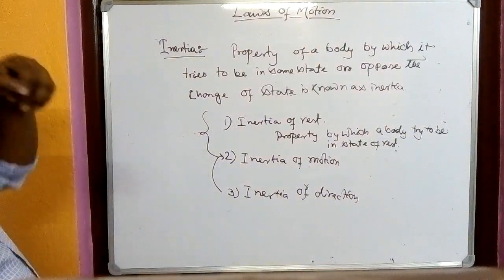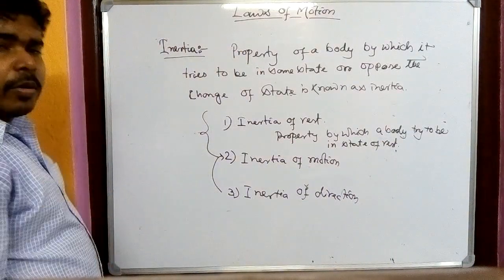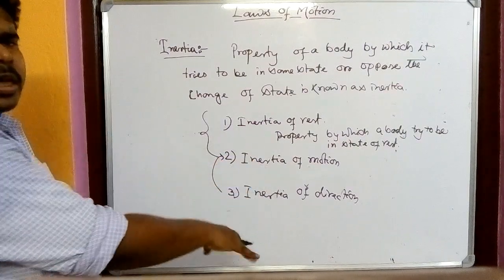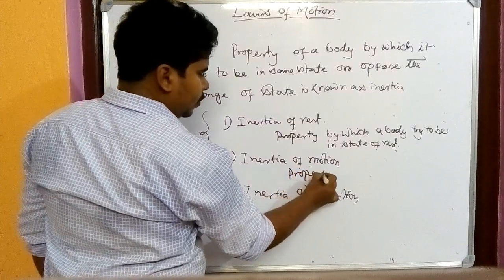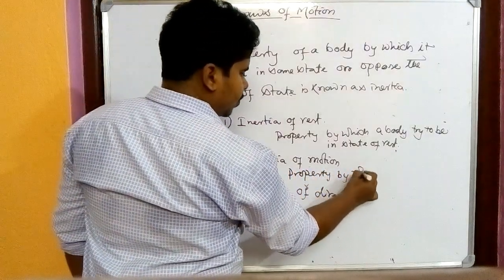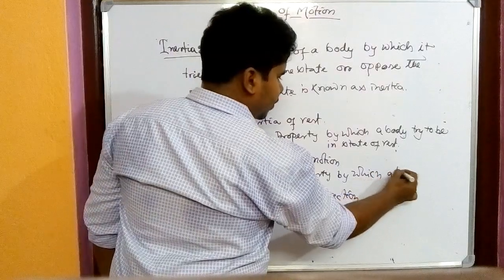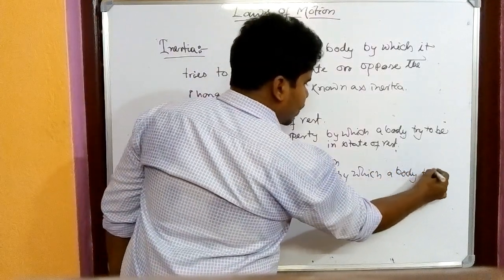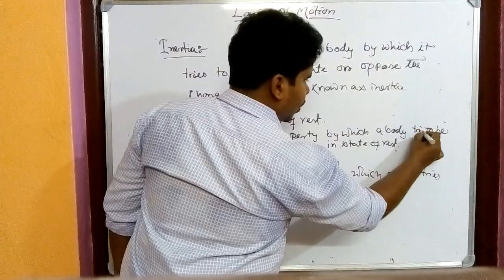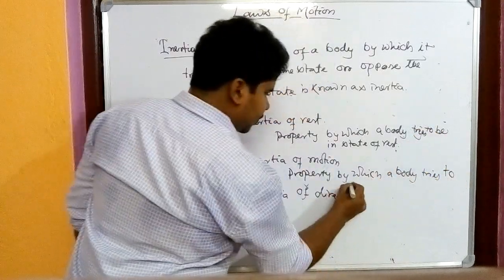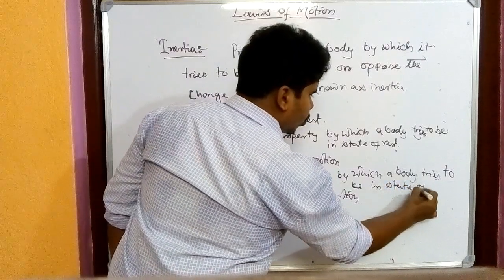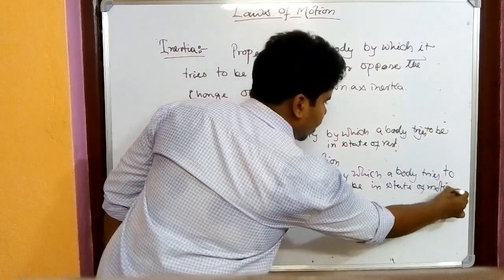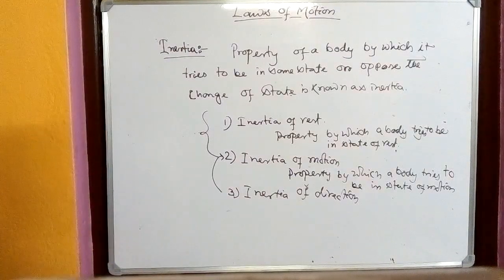Okay, we'll discuss examples of inertia of motion later. Don't panic. Inertia of motion is the property by which a body tries to be in a state of motion.